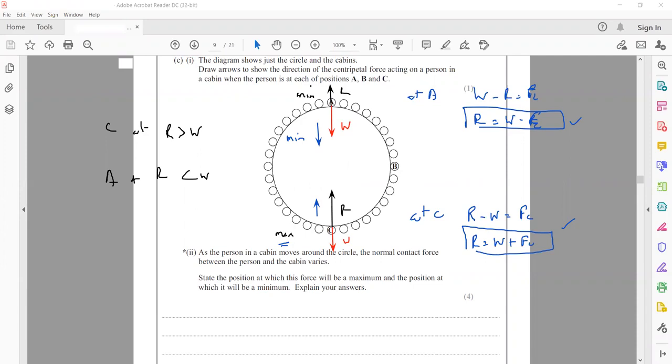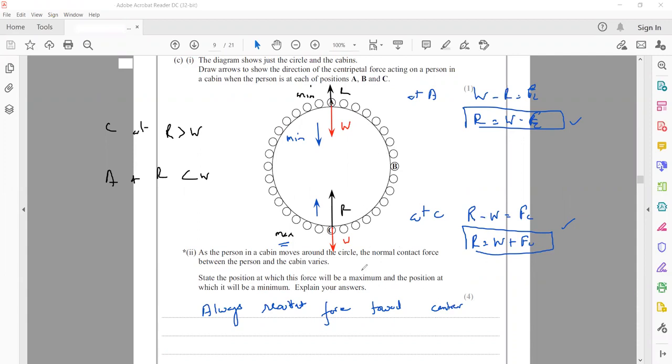You should always mention that when it is moving in a circular path, there is always a resultant force towards the center. Is it clear? Yes, sir, it is.